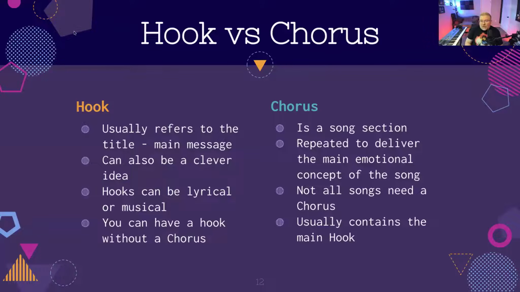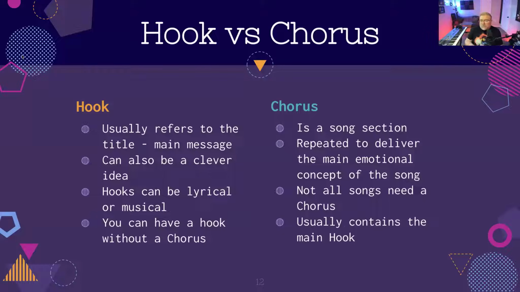So what about hook versus chorus then? A chorus is a song section, whereas a hook doesn't necessarily have to be a section. When people say hook, they're usually referring to the main message of the song. And this is from a lyrical hook perspective. You also have melodic hooks and harmonic hooks that can be just catchy motifs.